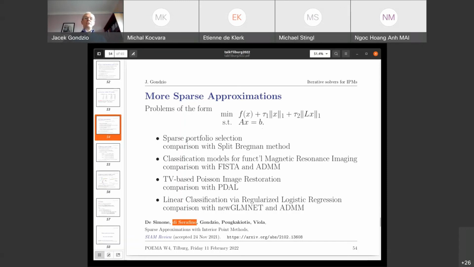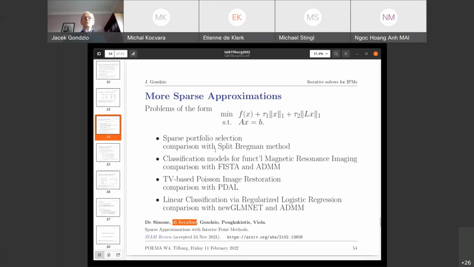Applications are very different. They range from portfolio selection to classification models using functional magnetic resonance imaging, total variation-based Poisson image restoration, or linear classification via regularized logistic regression.